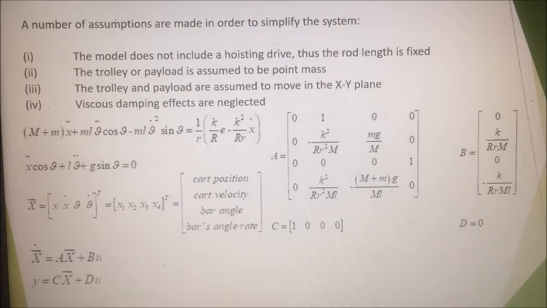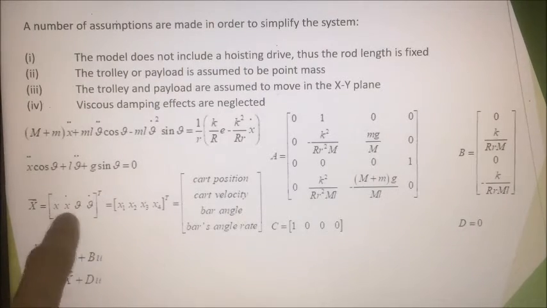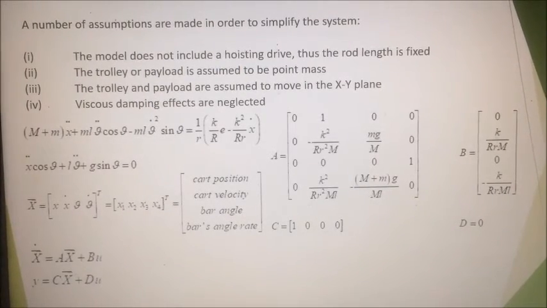After that, the rest is the state space representation. As I mentioned, there are 4 variables required in this gantry crane system, which are cart position, cart velocity, pendulum angular displacement, and pendulum angular velocity.